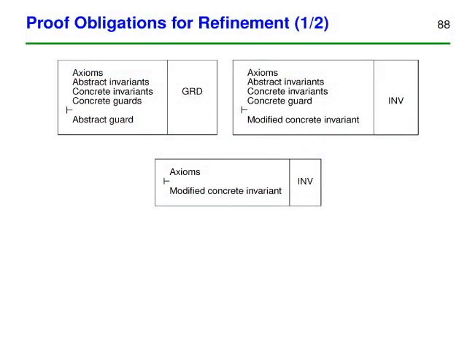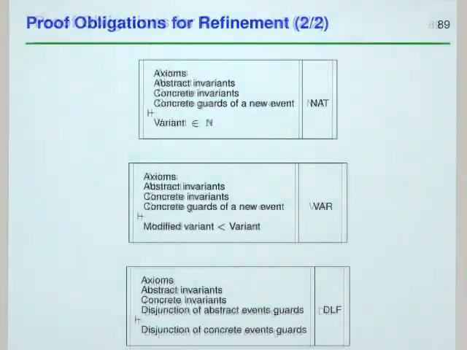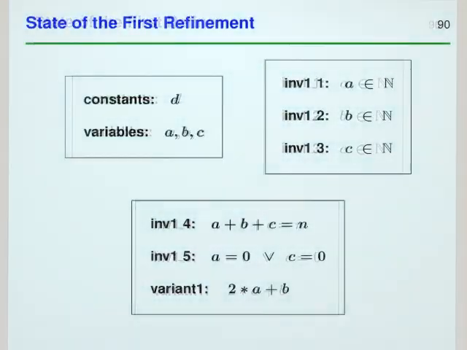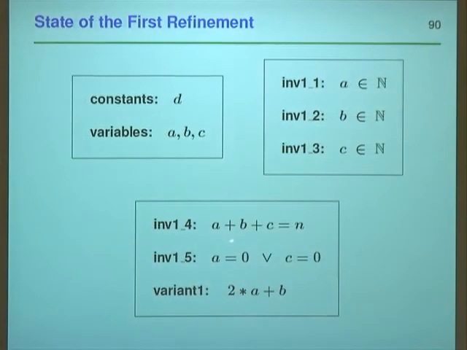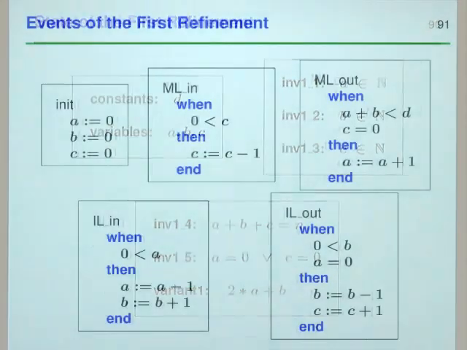And here is a summary of the proof obligations. The state of the first refinement is just this. You recognize A, B, C, the gluing invariant, the invariant about the fact that the bridge is one way only, the variant, and the constant D. I have not copied here the axioms for D because they are implicit.